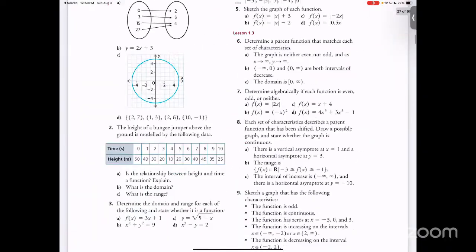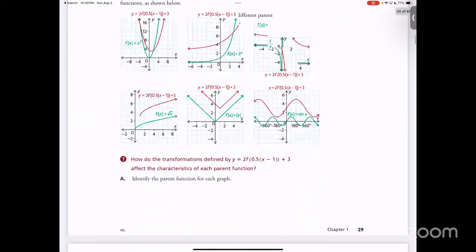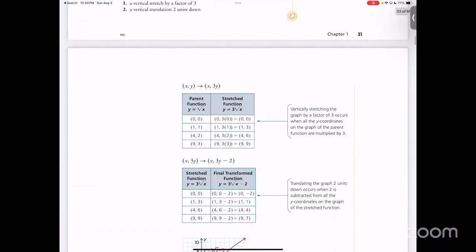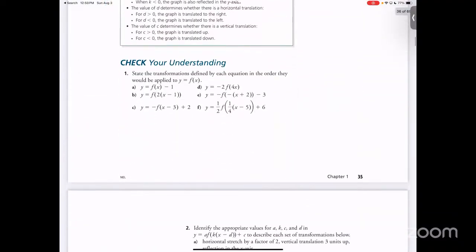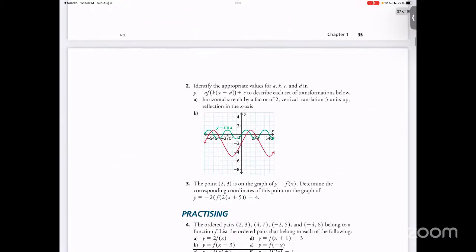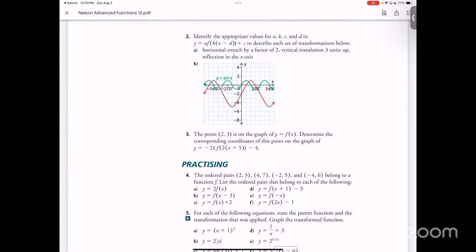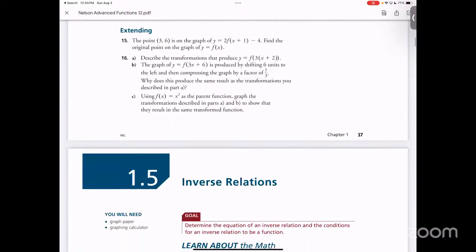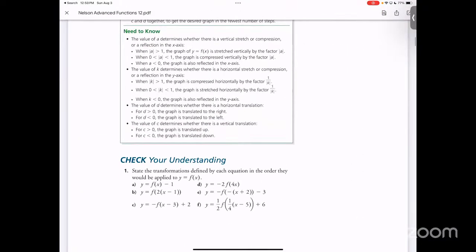Then the mid-chapter review comes in, and then sketching graphs of functions, which is basically using transformations. On the textbook, it says state the transformation defined by each equation in order to be graphed. Then identify the appropriate values for a, k, and c, and list the ordered pairs belonging to each. We're going to spend a little time on this to make sure you really understand what's going on.